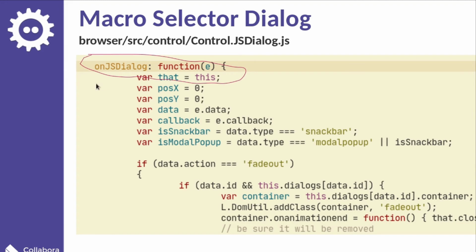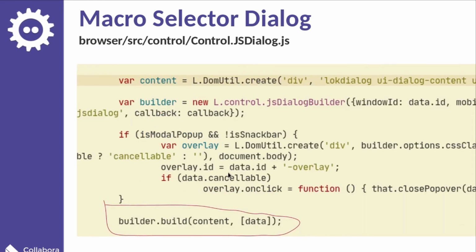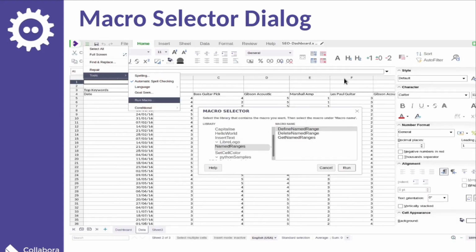It is the main entry point on the client side when it receives the JSON data from the server to build the macro selector dialog dynamically. Finally, you can see here an example of how this dialog is built. You can see the CSS styles applied. It can be customized.